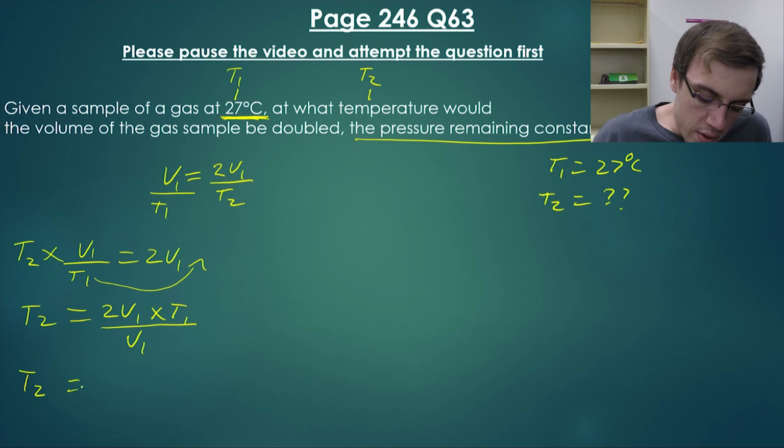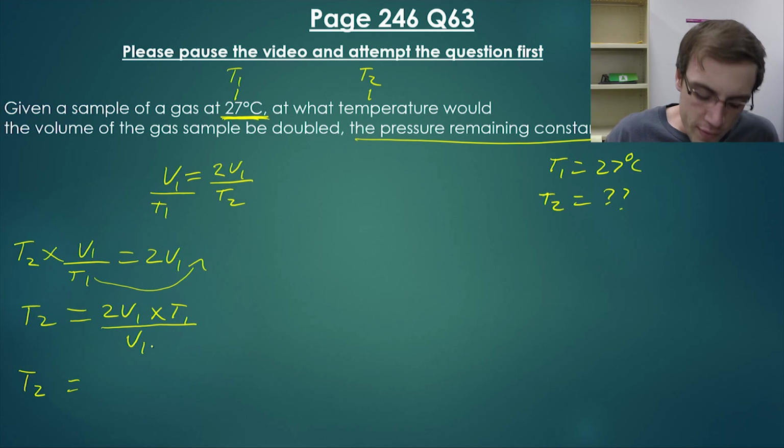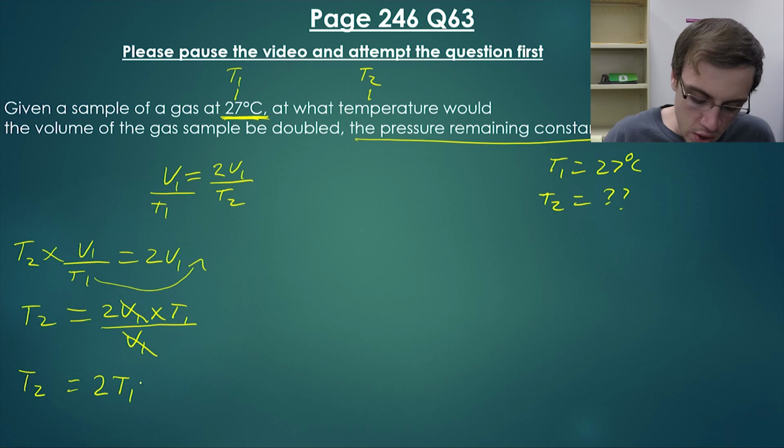So what I do here is I'm looking at our equation, and we've got 2V1 times T1 over V1. Now, we've got V1 on the top and V1 on the bottom, so these cancel out, which means that we have T2 is equal to 2T1. Our T1 is 27 degrees Celsius, but we need to convert that to Kelvin.